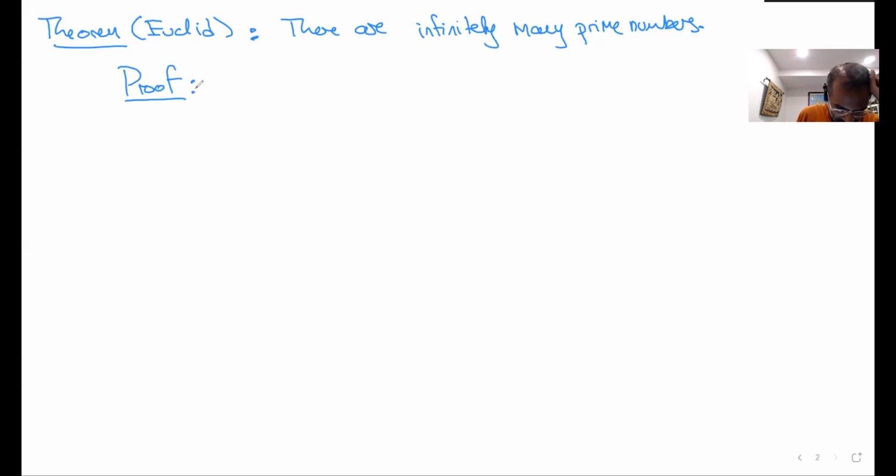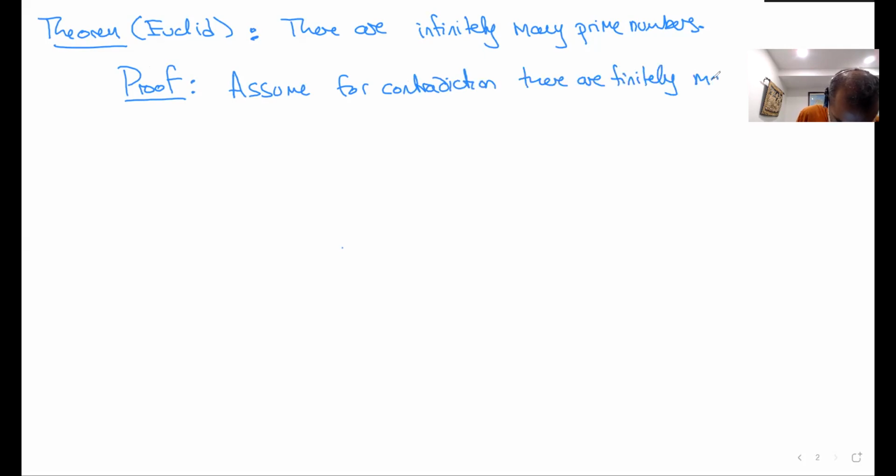It's a proof by contradiction. I'm going to assume for contradiction there are finitely many primes, so p1 through pn, and that's where I've used the finiteness.